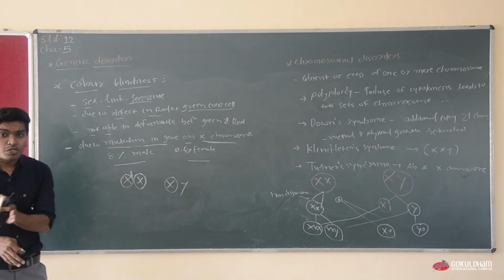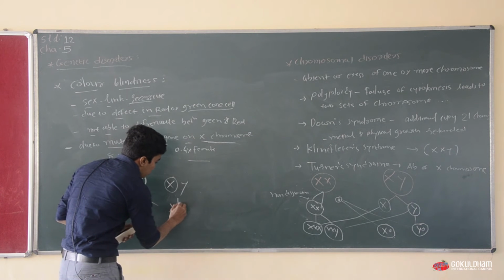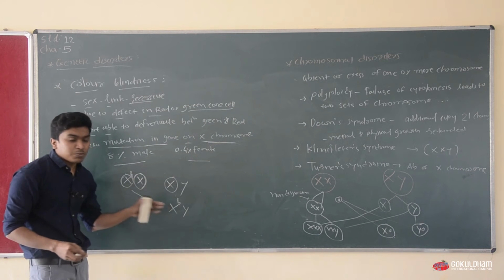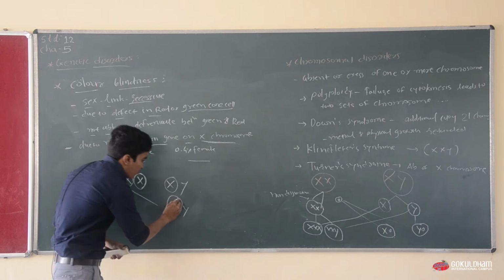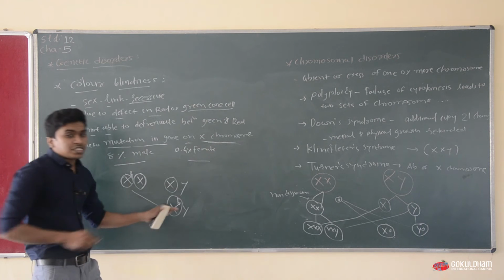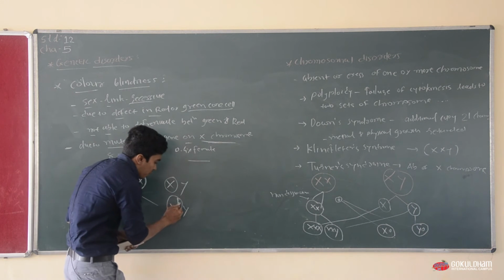Then when it is transferred to the male, what happens? In the male there is only one X chromosome, so obviously this recessive gene will express itself in the male.